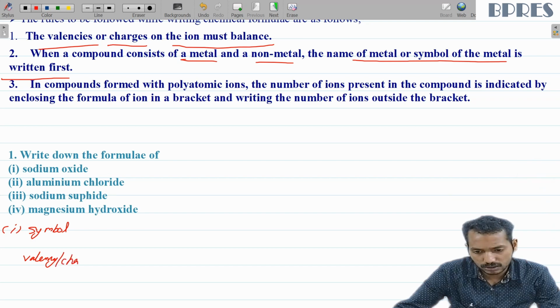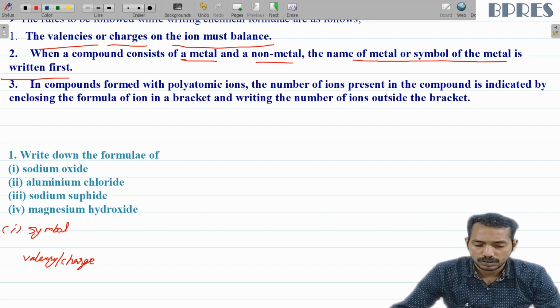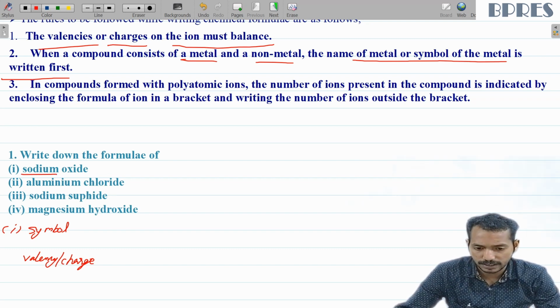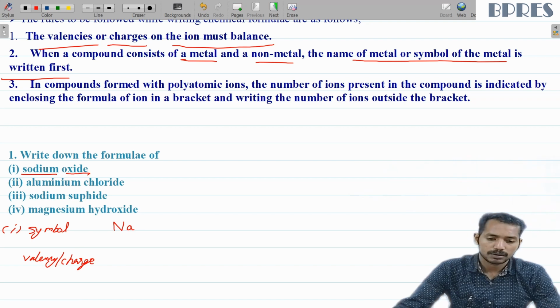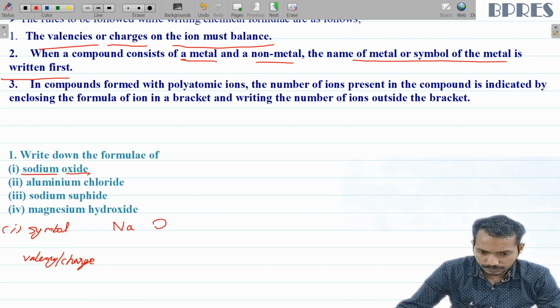In case of ionic compounds, it will be charge. What is the symbol of sodium? That is Na. And oxide is actually oxygen.